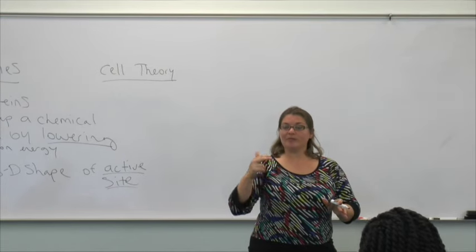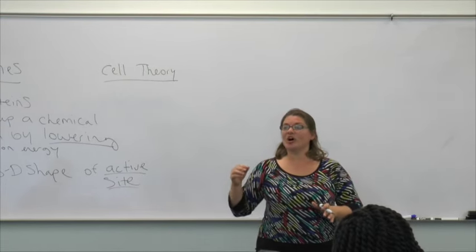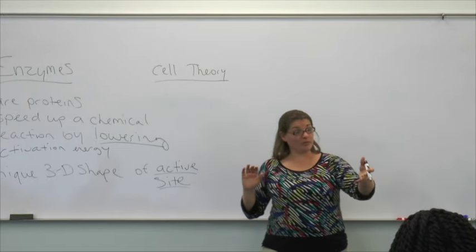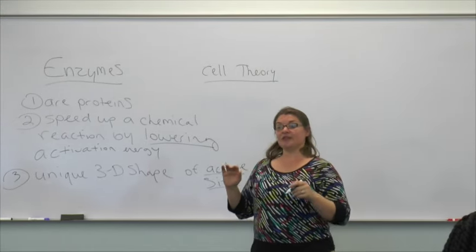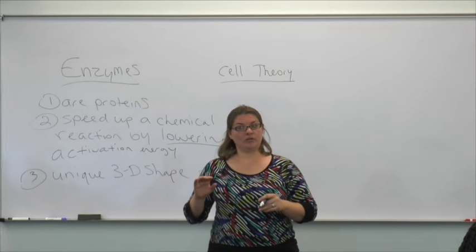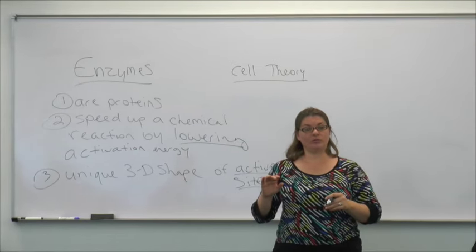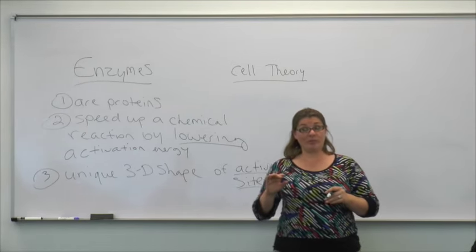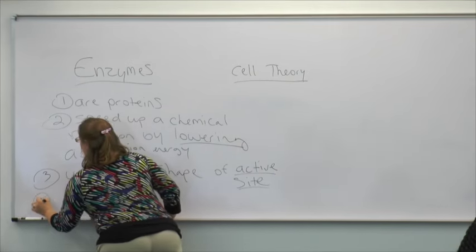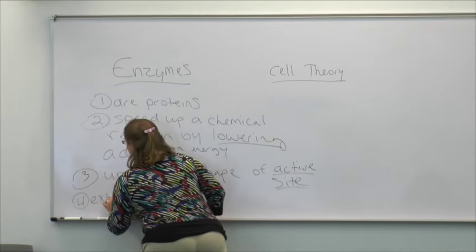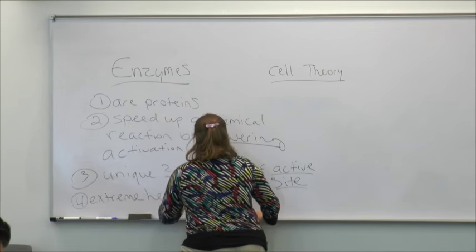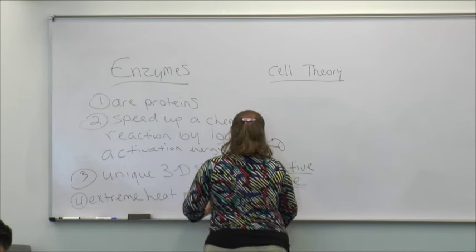Now, keeping that shape is absolutely essential for the function of that enzyme, right? So what different environmental factors can cause an enzyme to lose its shape? Extreme what? Heat. Extreme heat and extreme pH. Remember pH? Extreme changes in pH. Okay? So extreme heat or pH.